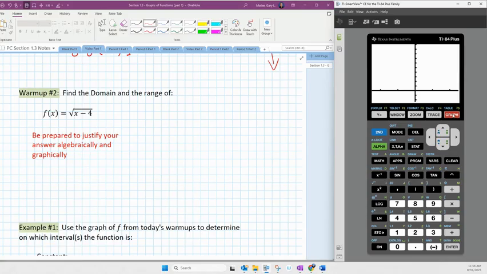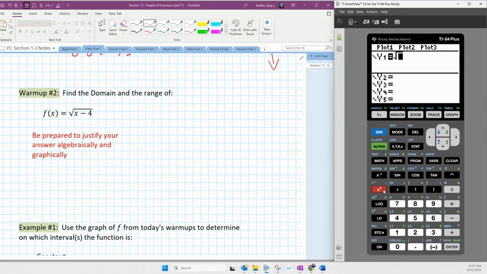Okay, so let's plug in the square root of x minus 4, this function. From here, I'm going to do the square root. Depending on how old your calculator is, you might want to open a parenthesis, or it might have opened one for you. This version for me is going to type it in the format that it thinks I want to see.